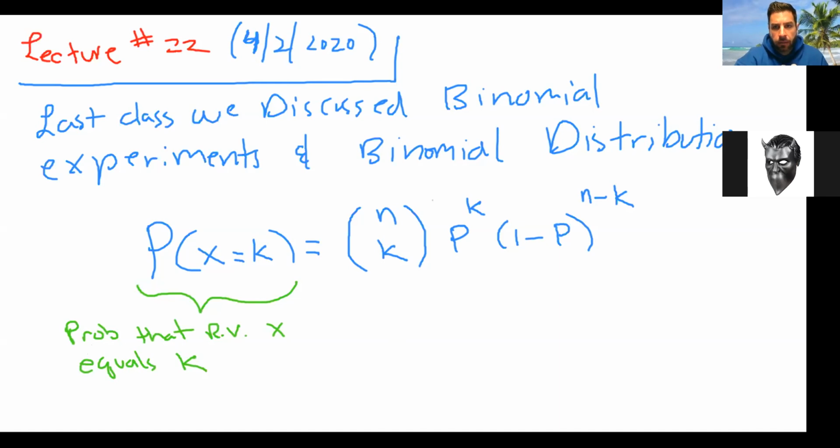This guy over here is what's called n choose K. We talked about that when we were counting before. We're just giving it a new notation. I told you that it's what's called the binomial coefficients.